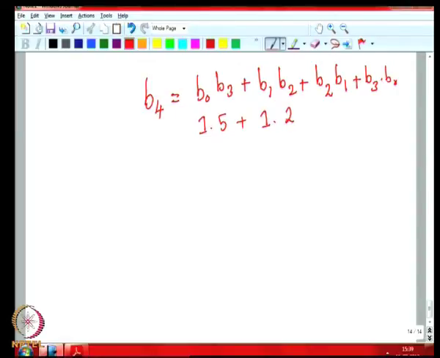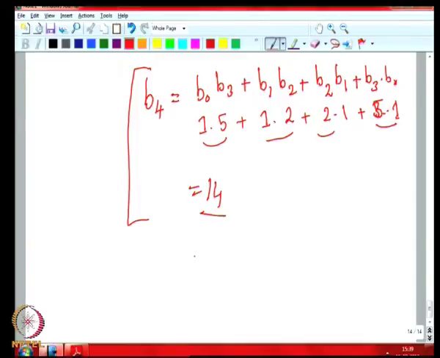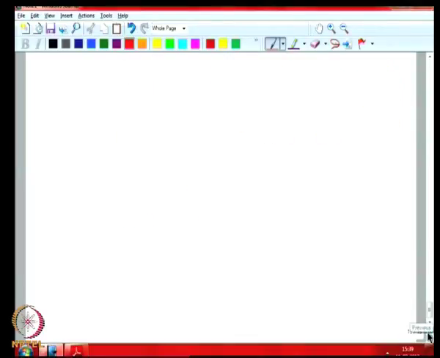So this is 5, plus 1 into 2, plus 2 into 1, plus 5 into 1. How much is this? We get 5 plus 5, 10, plus 4, 14. Like that we can calculate B5, B6 and so on. But our intention is not to compute it this way. We want a general answer for Bn. What is Bn?